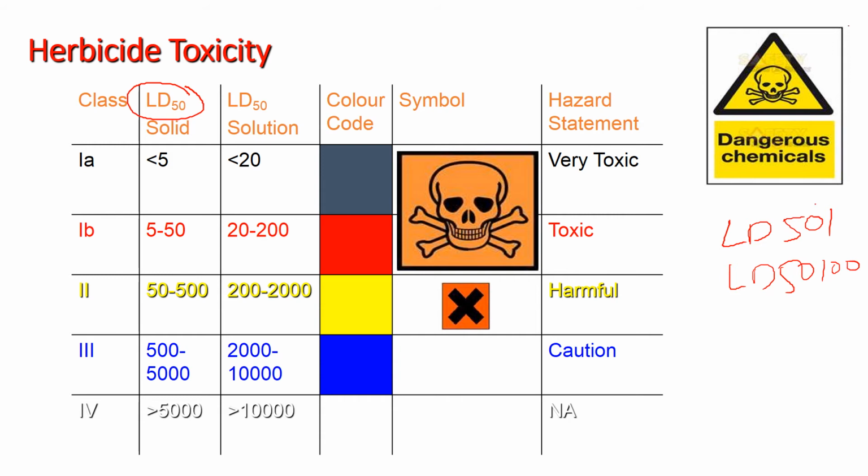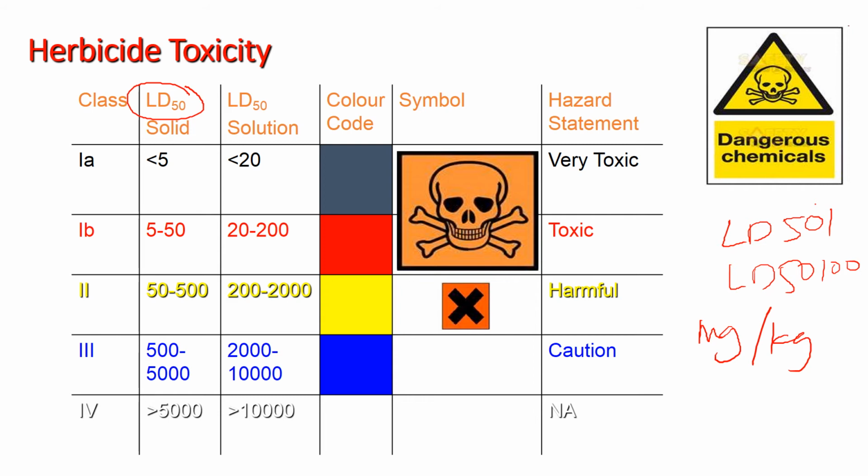LD50 value is measured in milligrams per kilogram. There is also a material safety data sheet, MSDS, or safety data sheet, SDS, for each herbicide, so you need to understand it.